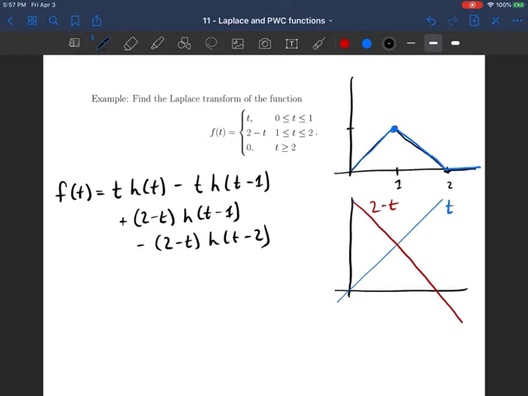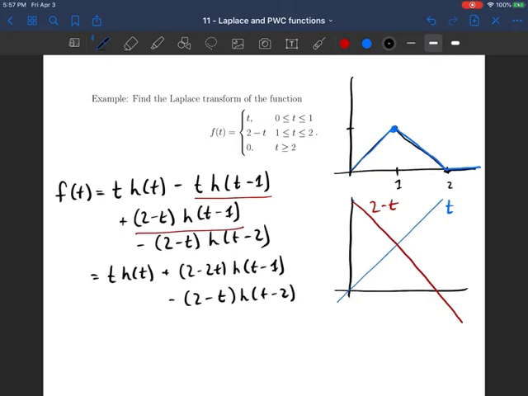Whew. But altogether, that will make a graph like that first blue one that we had there, piecing all the pieces together. So let's simplify this a little bit if we can, and it turns out that things work out pretty nicely if we do. We end up with t times h of t, and then for the h of t minus 1 terms, we have this and this, so 2 minus t, we put that together, we get plus 2 minus 2t times h of t minus 1.